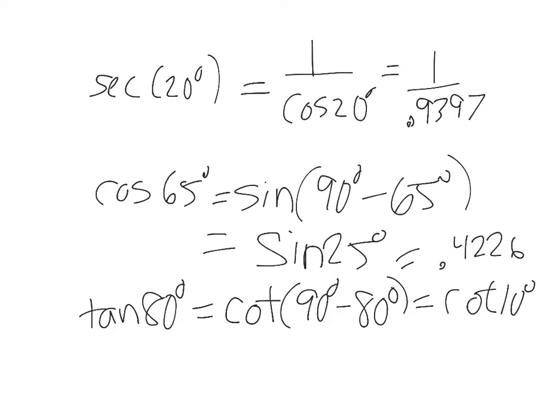Problem there is I have 10 degrees, but I don't have cotangent. But now we can use a different identity, the reciprocal identity, which is cotangent of 10 degrees is the same as 1 over tangent of 10 degrees. So first I use the cofunction identity just to get it to an angle that I could find here, which is 10. And then I use the fact that cotangent is the reciprocal of tangent. So it'd be 1 over 0.1763.